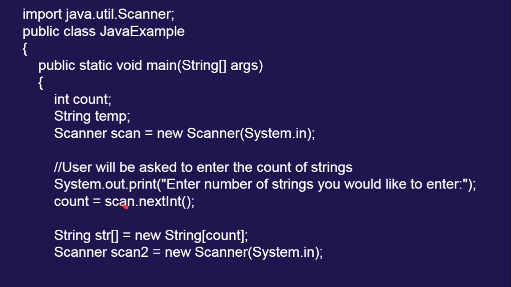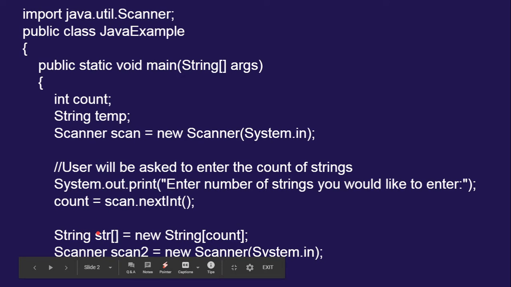What this line does is convert the data in the scan into an integer, and it will keep on accepting the next int from the scan. That is assigned to the variable count.